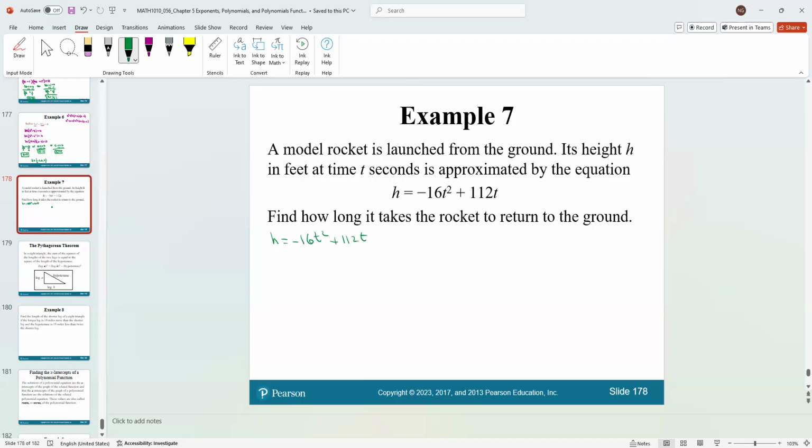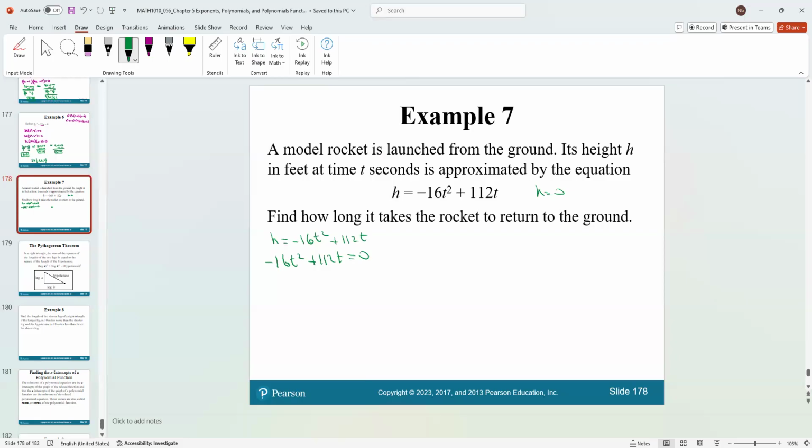Ground for us means 0. So if you set h equal to 0, that means -16t squared plus 112t equals 0. What I can see here, I can factor.